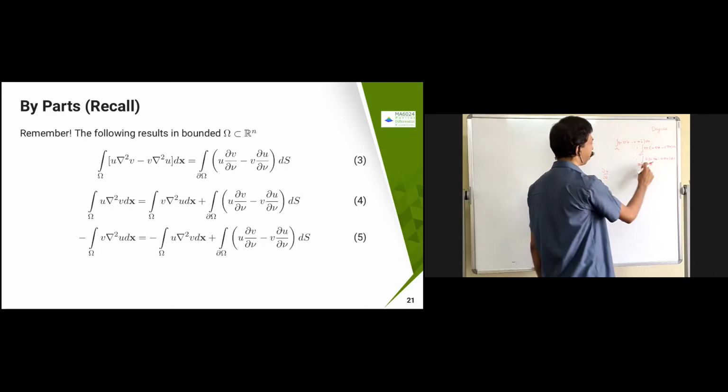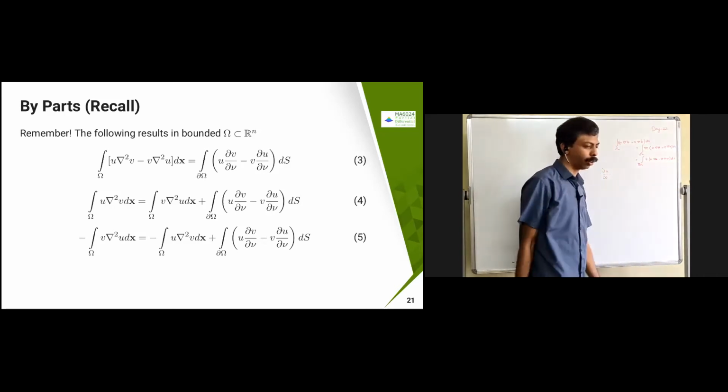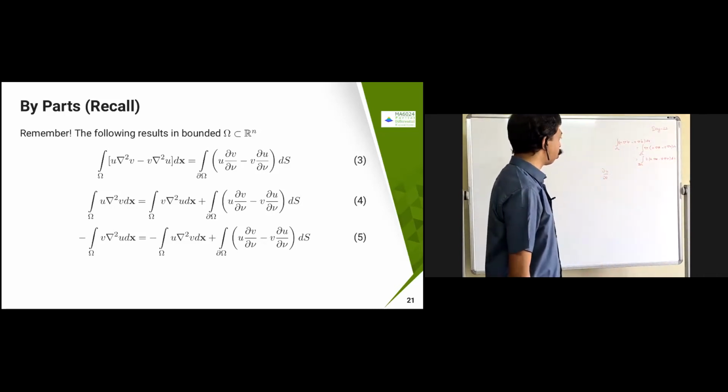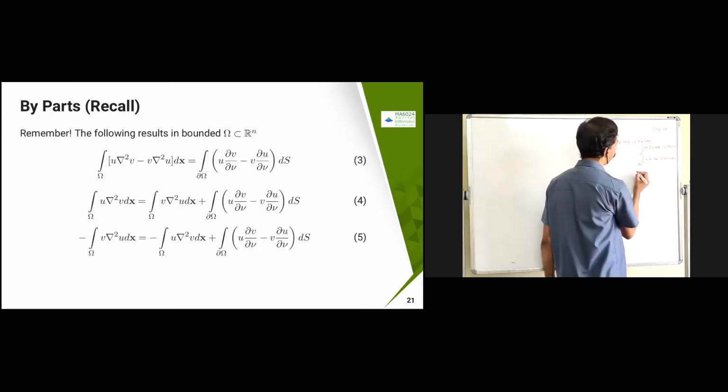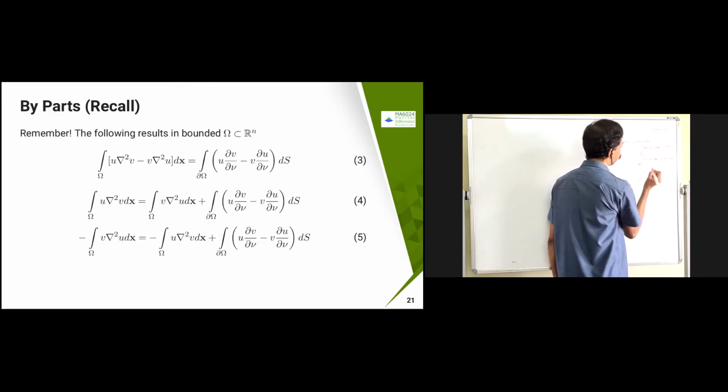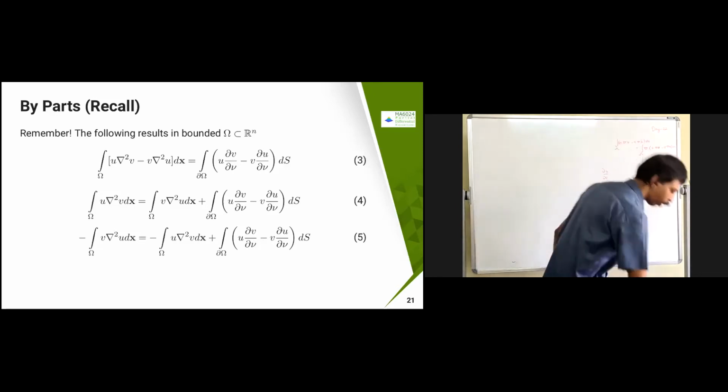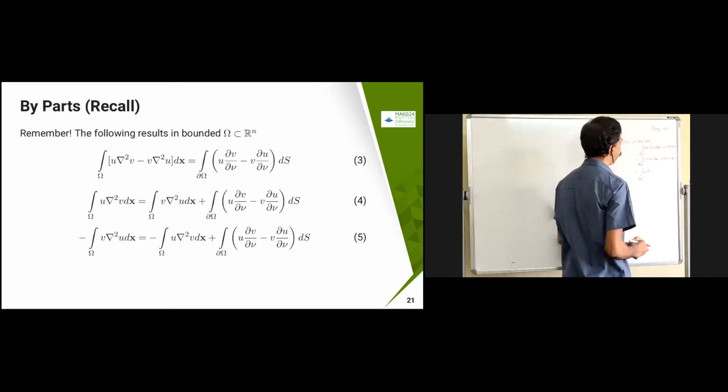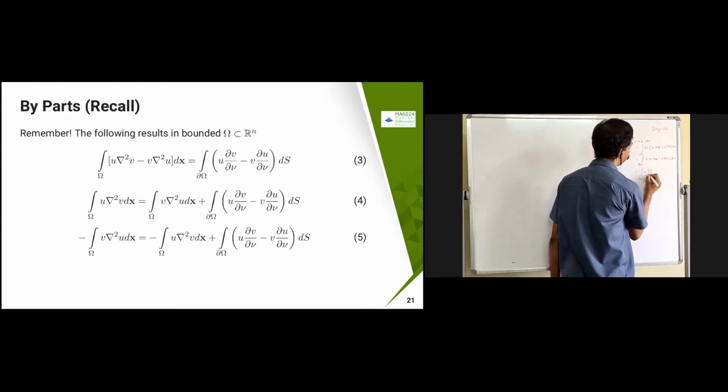So I can rewrite this as the integral over the boundary of omega of u dou v by dou nu minus v dou u by dou nu, ds.